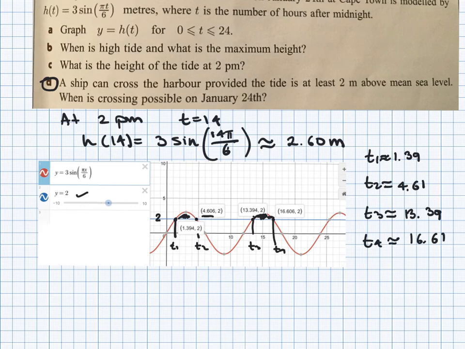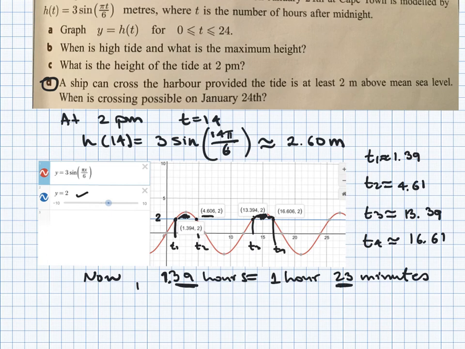So pretty much that means 1.39 hours is approximately 1 hour and 23 minutes. In case you're wondering, 1 hour is this number here, and for 0.39 hours, you just multiply by 60 and it gives you how many minutes.